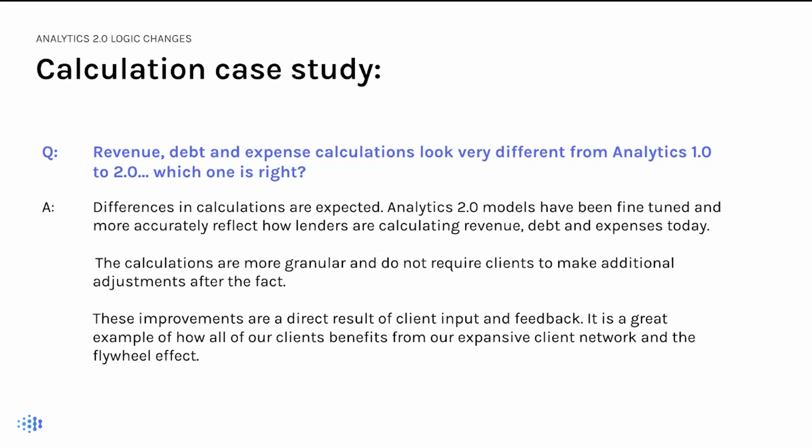What are the benefits of Analytics 2.0? It provides lenders more accurate data to accelerate decisions, allowing them to underwrite more loans and effectively manage risk. In terms of speed, faster decisions let you handle more volume and provide quicker lending decisions, so lenders win more business.